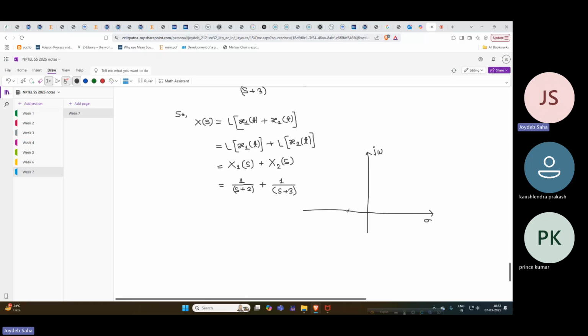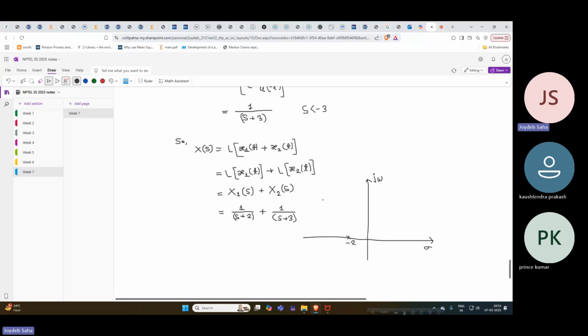Let us assume this is minus 2 and this is minus 3. So the common part is this. This is the ROC.